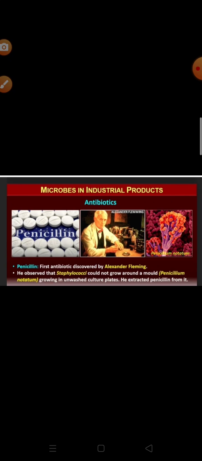It was found to be a chemical, penicillin, which was produced by Penicillium notatum. In this way, penicillin was discovered by Alexander Fleming.